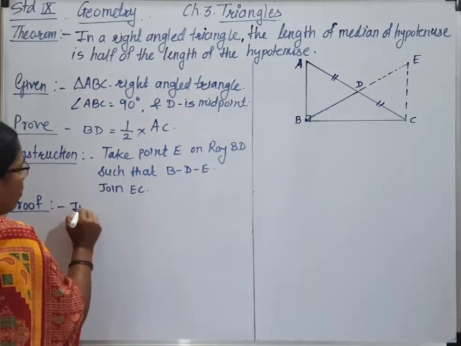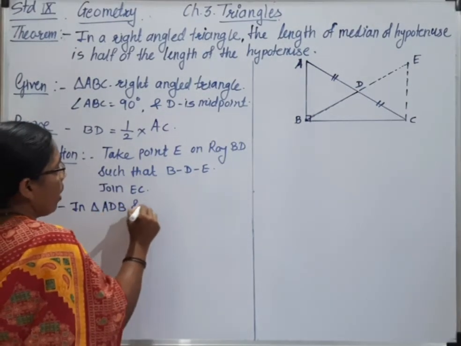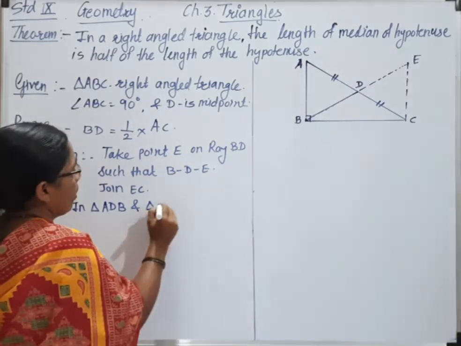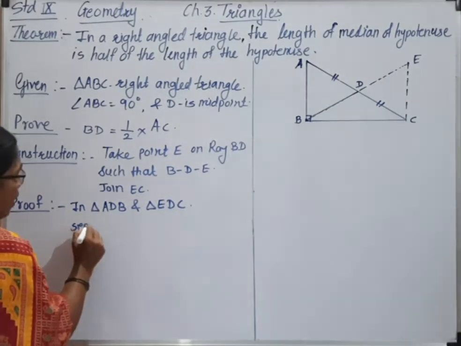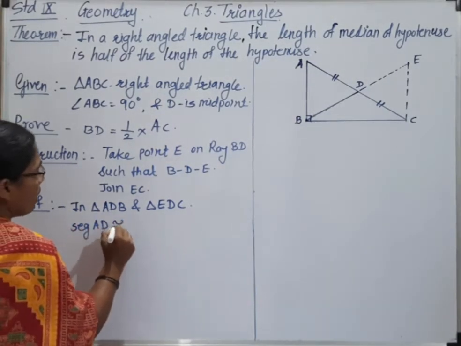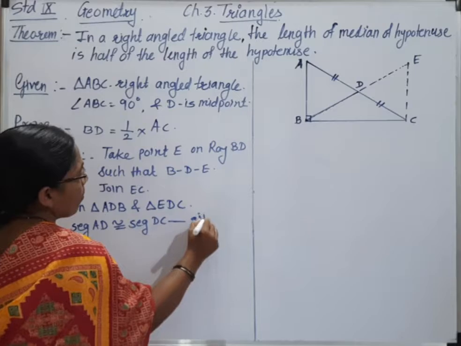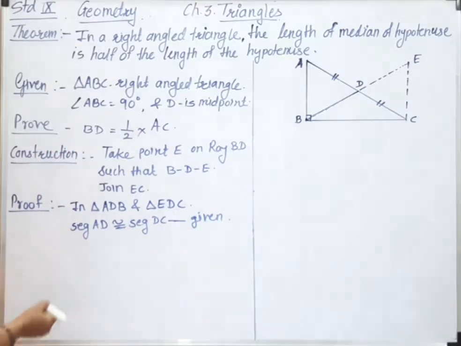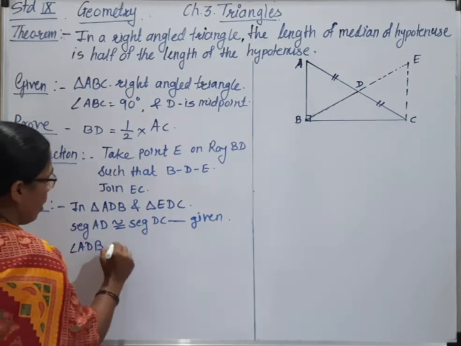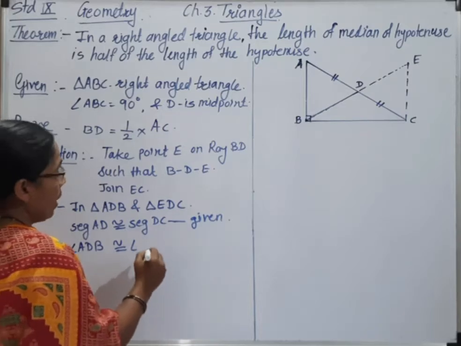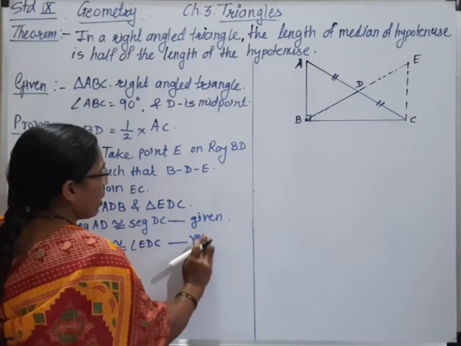So in triangle ADB and triangle EDC, segment AD is congruent to segment DC. It is given only because D is the midpoint. Angle ADB is also congruent to angle EDC, because these are vertically opposite angles.